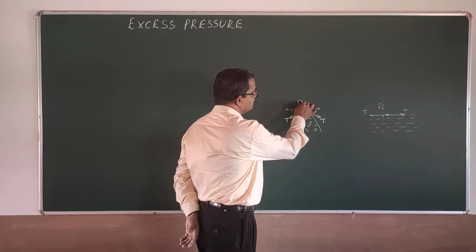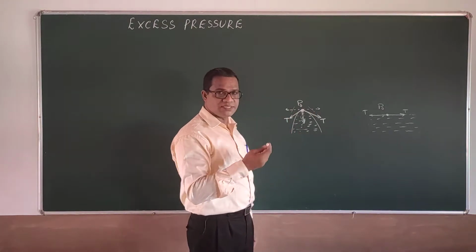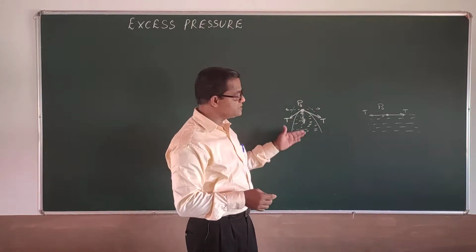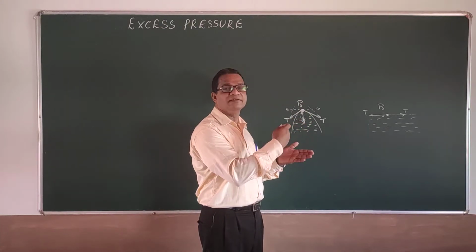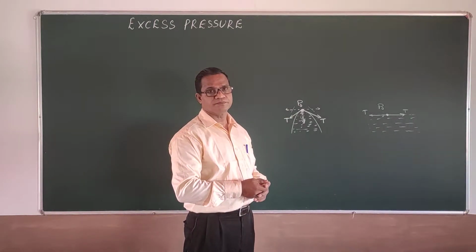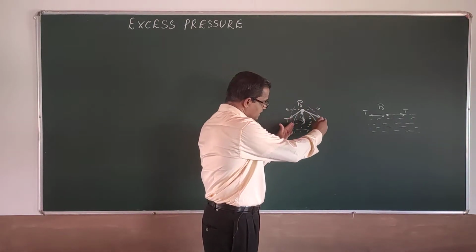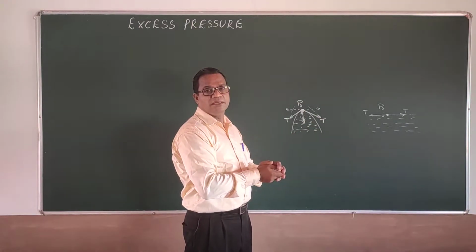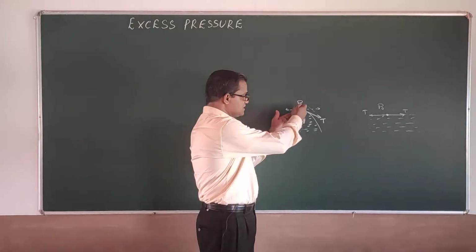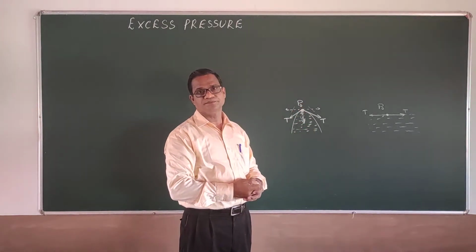So if I say the pressure outside is P outside, then the pressure inside will not be the same. It will be a little greater than the outside pressure. So inside the curved surface, there will be a pressure excess coming due to the surface tension action.